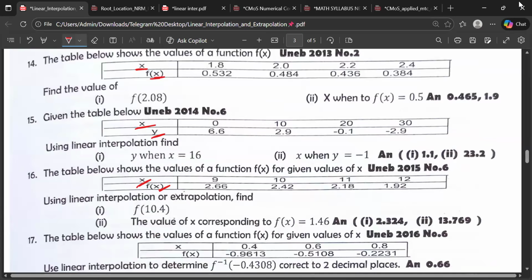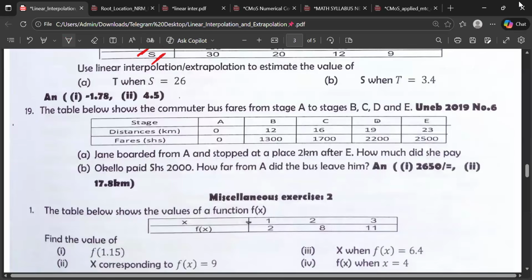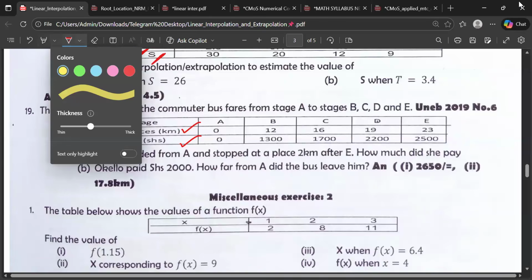This is X and F of X. I think we are done. This one is also X and F of X. This one is capital T and capital S, just like the way they use capital Y. Distance and fares. You can even use this one as your X, this one as your Y. Better, X and Y.